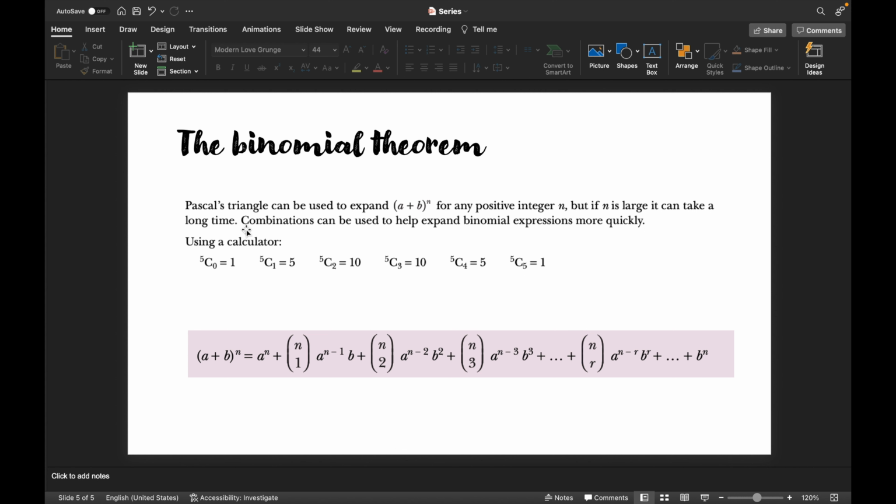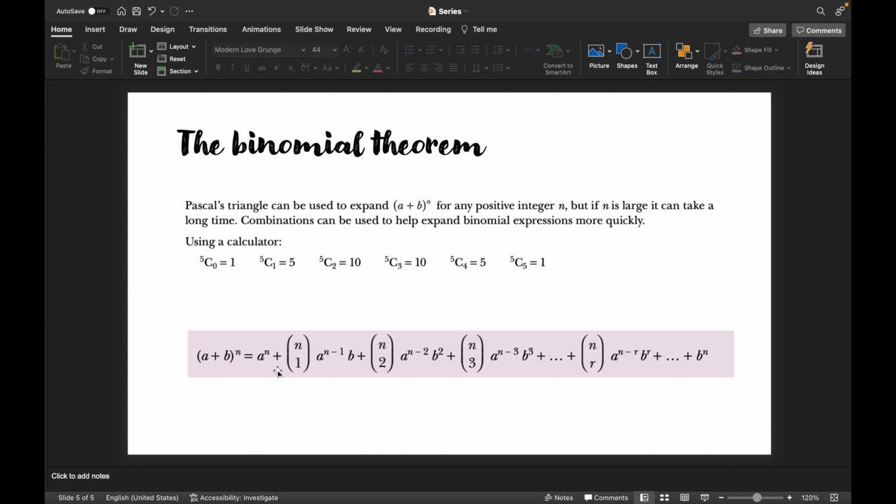We've learned about combinations in, I think, our eighth chapter, so I'm pretty sure you're very familiar with this. Now we just have to use that here. So it's (a + b) to the power of n. This would be nC0, and then the second term would be nC1.